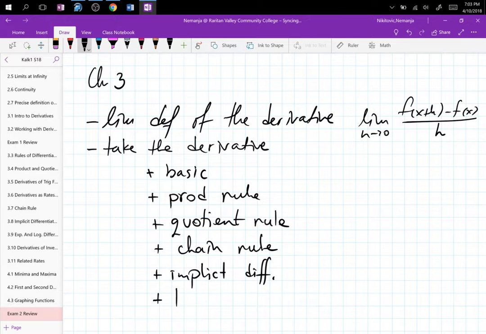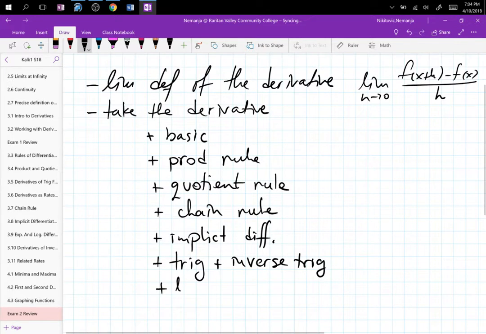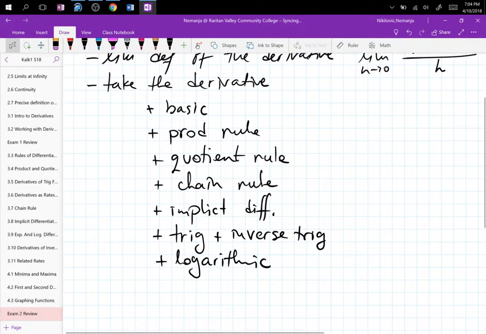Trig plus inverse. And logarithmic. So take the derivative.